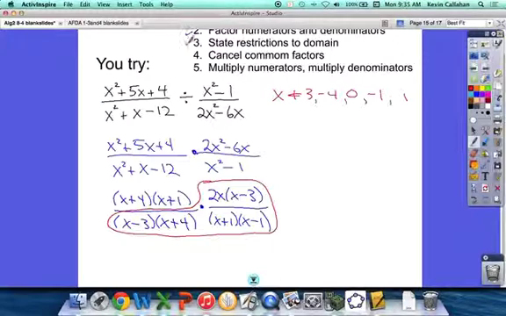Okay, that's that. What are the common factors? Plus 4 looks right. And what else? Minus 3, right? Remember, it doesn't matter that this minus 3 is in the second fraction and this one is in the first fraction. You can still cancel. And anything else? Plus 1. Okay, so we canceled all the common factors, and now we just multiply straight across.